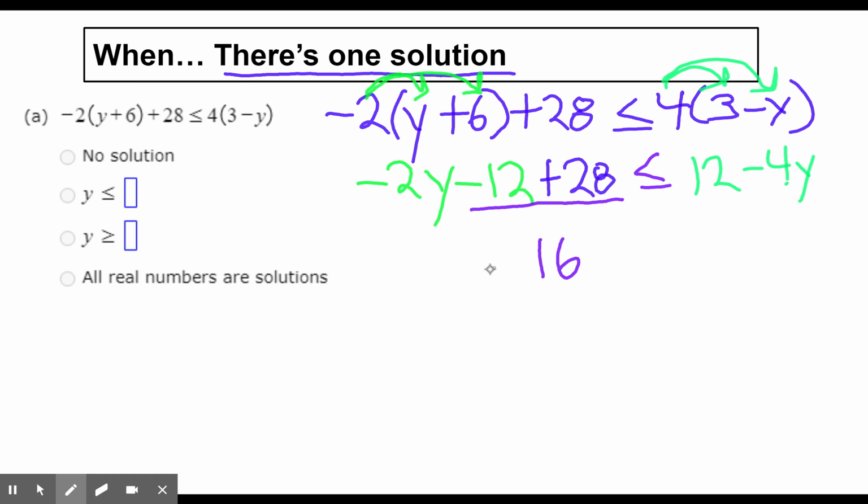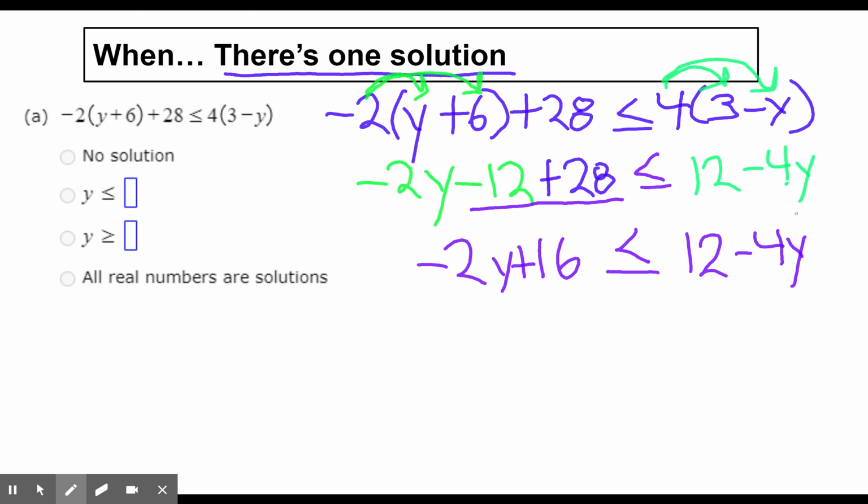That leaves me with 16, and I have -2y plus 16 is less than or equal to 12 minus 4y. Now it's really important that I bring my variable to the same side. I have one set of variables over here and another set over here, and I need them to be on one side of the inequality now that I've finished simplifying each side.